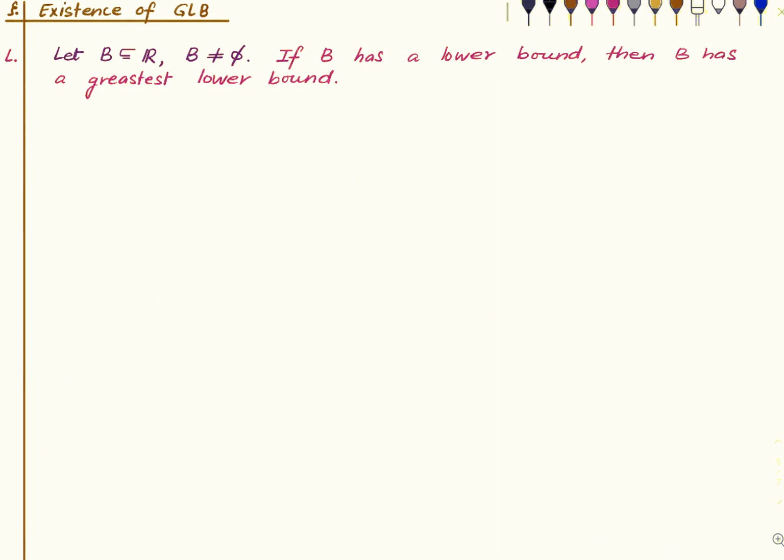Okay, so does this need to be proved? Yes, because the property of real numbers that we have is that everything that is bounded above has a least upper bound. We haven't said anything about the greatest lower bound or the existence of greatest lower bound. So the fact that greatest lower bounds exist for everything that is lower bounded requires a proof, and that is what we will do. And this is a very simple exercise, but let's do it in full.